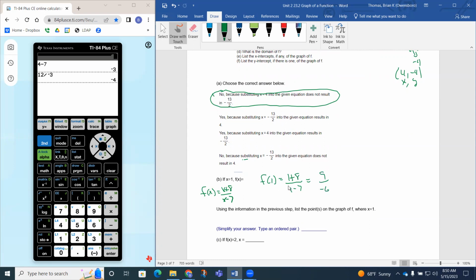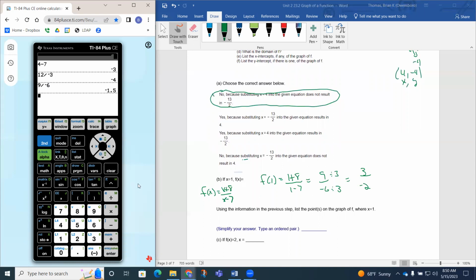It looks like there's a common divisor of 3. So if I divide the numerator by 3, I should also divide the denominator by 3 to keep it equivalent. So 3 does go into 9 3 times. 3 does go into -6, -2 times. If you want to double check that, you can type in 9 divided by -6 into the calculator.